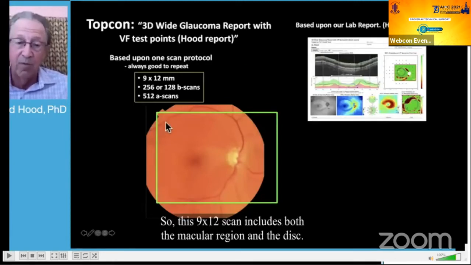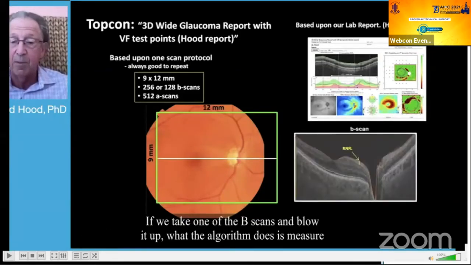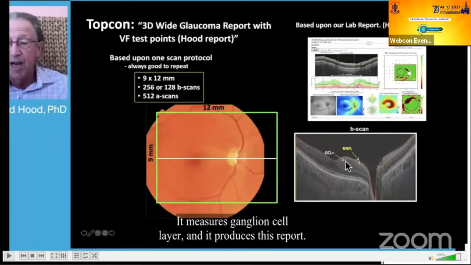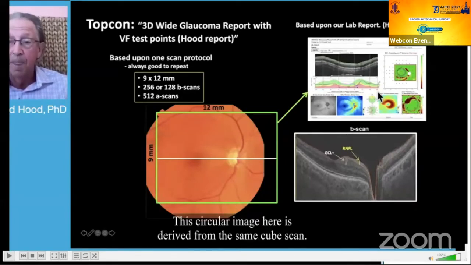So this 9x12 scan includes both the macular region and the disc. If we take one of the B scans and blow it up, what the algorithm does is measure retinal nerve fiber layer, it measures ganglion cell layer, and it produces this report. This circular image here is derived from the same cube scan.